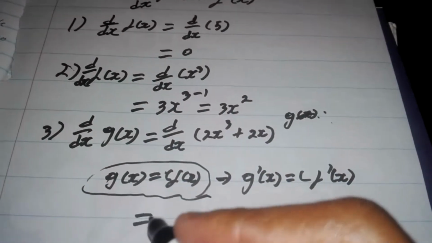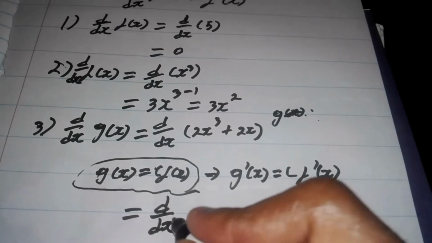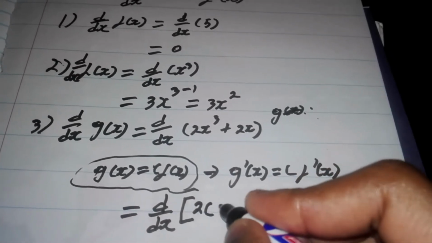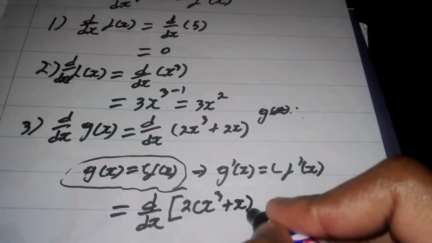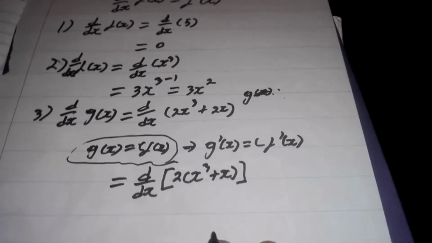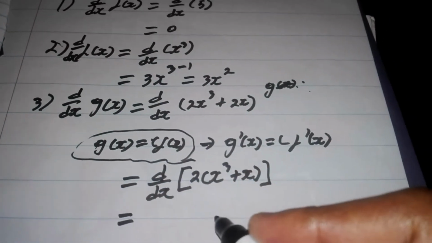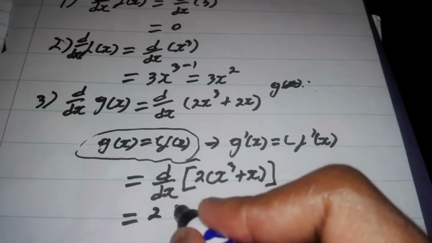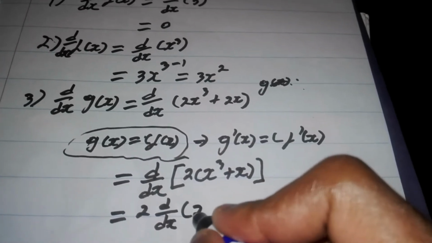Here you can factor out 2, you'll be left with this plus x. Well, this is the same as, we take the constant to the other side, and then d over dx, and now we're focusing on this.